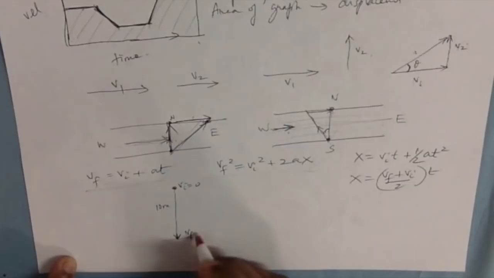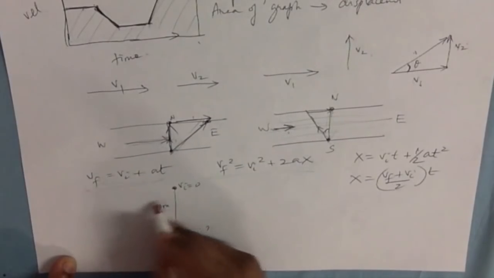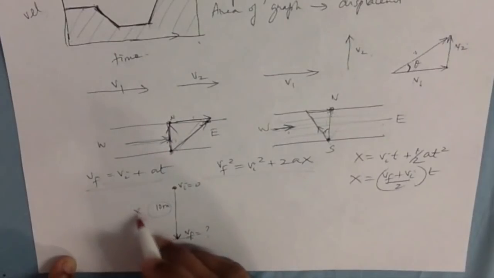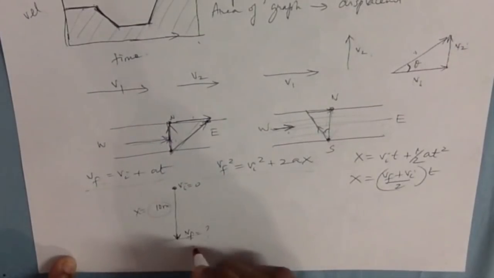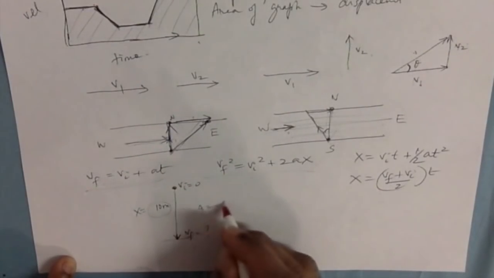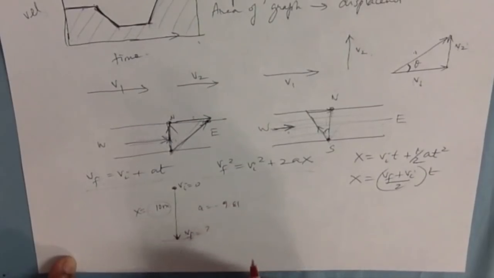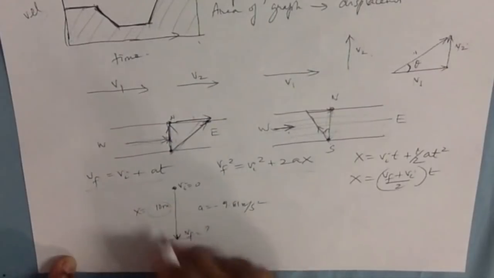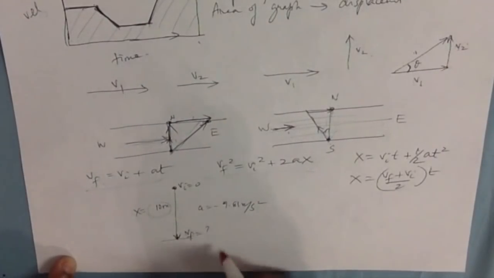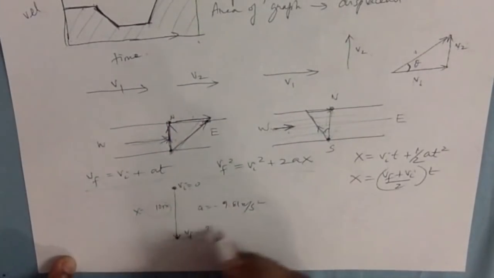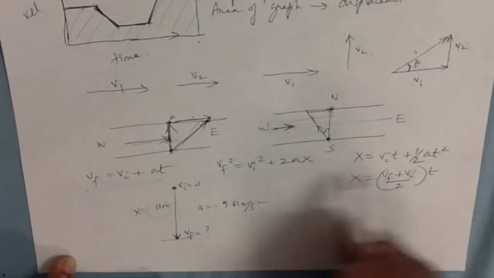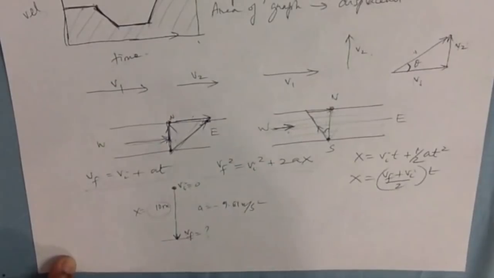You want to find the final velocity, and you know the displacement. So displacement is given, initial velocity is known, and acceleration is negative 9.81. Once you have 3 quantities definitely known, you can figure out the 4th one. The thing we don't know here is time. So pick an equation without time, which is this, and then use it.